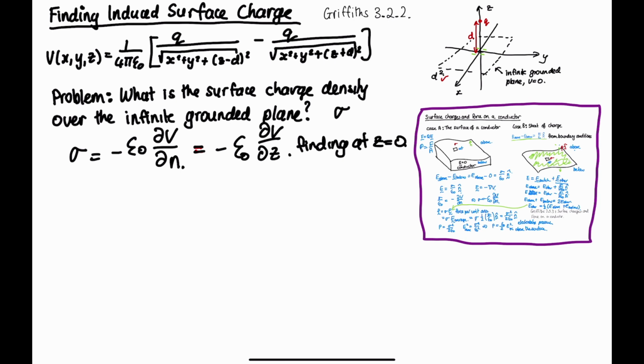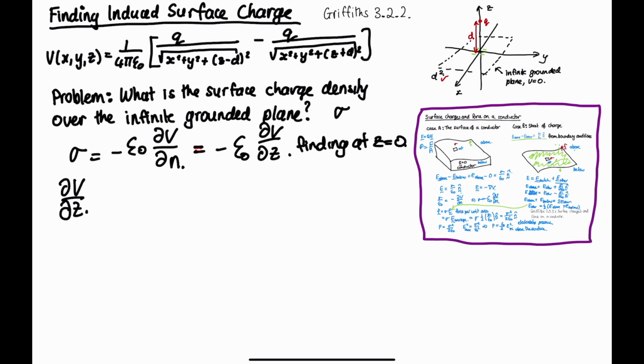So we have an expression for V, which I have written down here. And so we're going to have to differentiate this with respect to z to find sigma. So this is not too bad. So we can do dV/dz, and this is V up here, so we're just differentiating this.